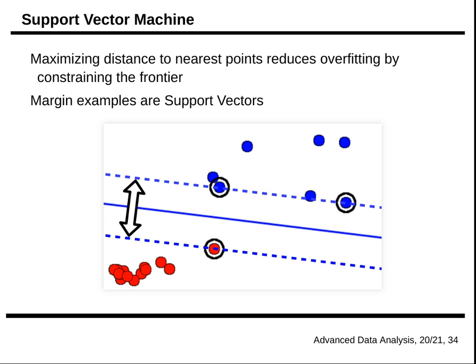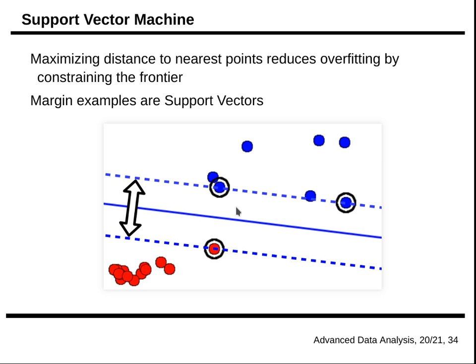So using the original data set that we saw a while ago, we have these points here that are not really relevant. No matter where they are, they do not change the position of the discriminant. But these 3 points determine that the discriminant has to be here, so that the distance to the nearest points is as large as possible.